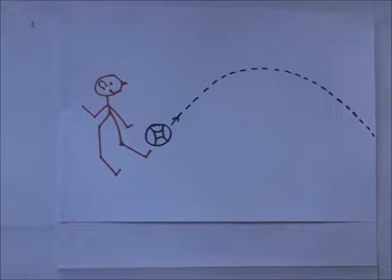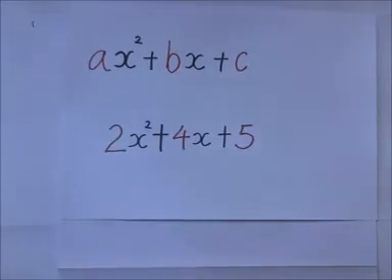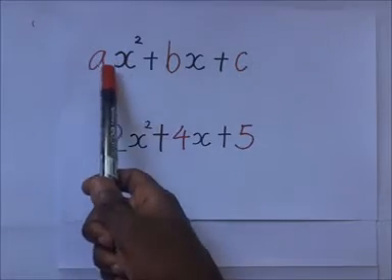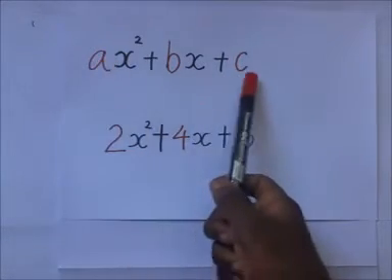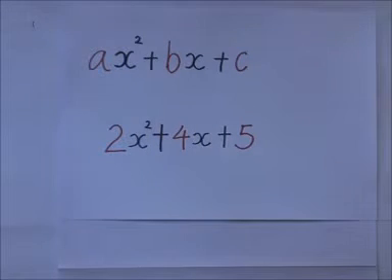Now, these trajectories you have just seen can be modeled by a mathematical function. This mathematical function is of the form ax squared plus bx plus c. This function, ax squared plus bx plus c, is what we call the quadratic function.